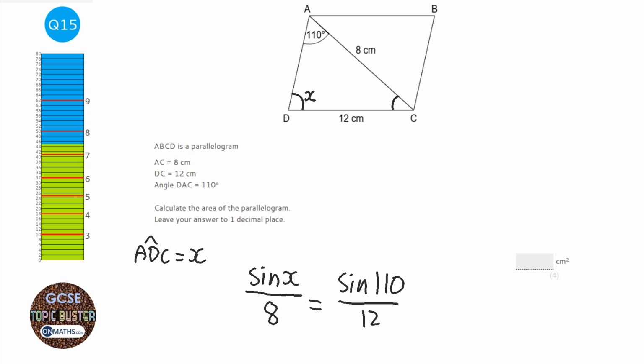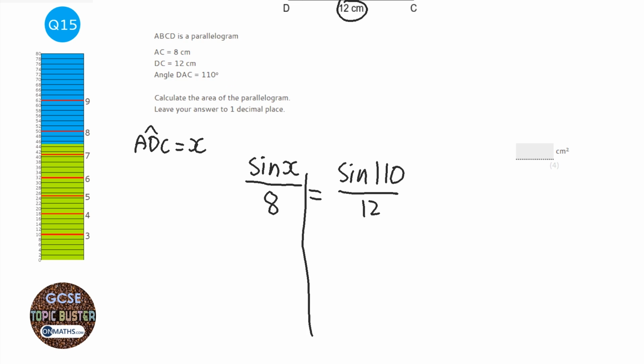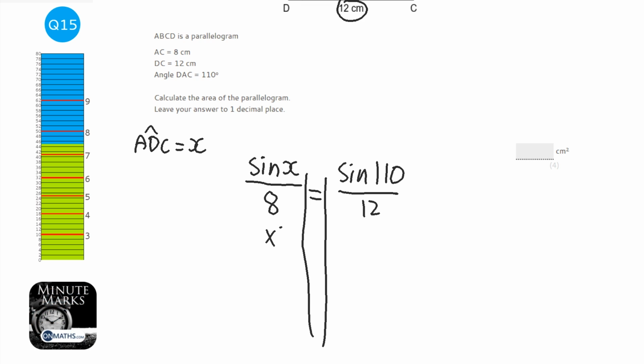And the reason it has to be that way around is obviously sine matches up opposite angles and lengths, so it's going to be those two and those two. So first thing I'm going to do is just times both sides by 8. So it's going to be sine X equals 8 sine 110 over 12.